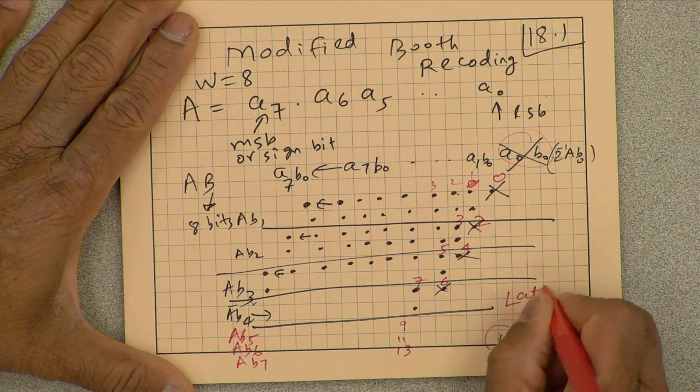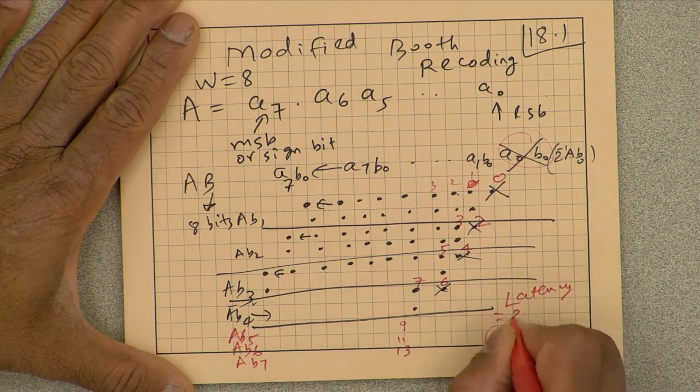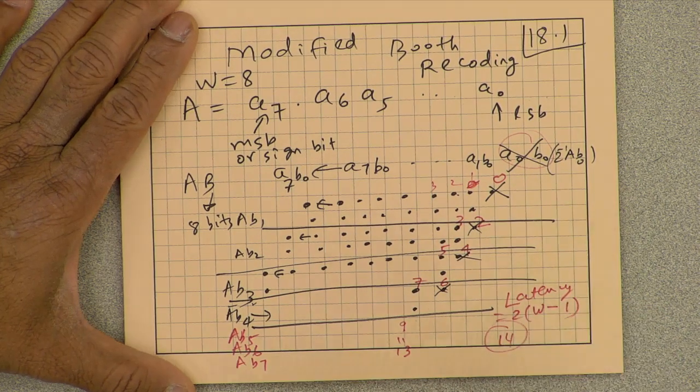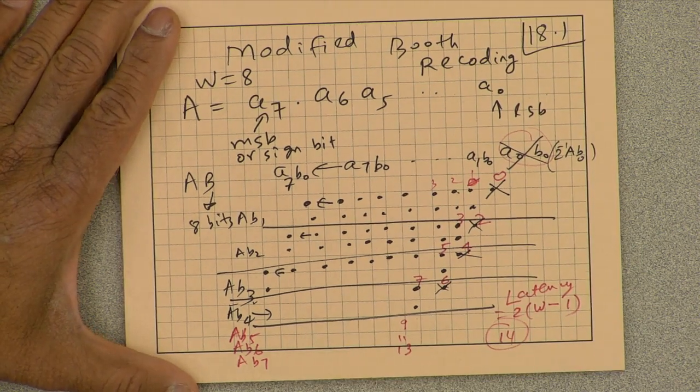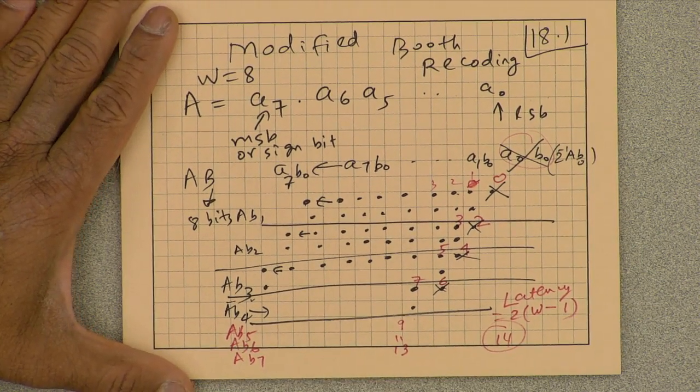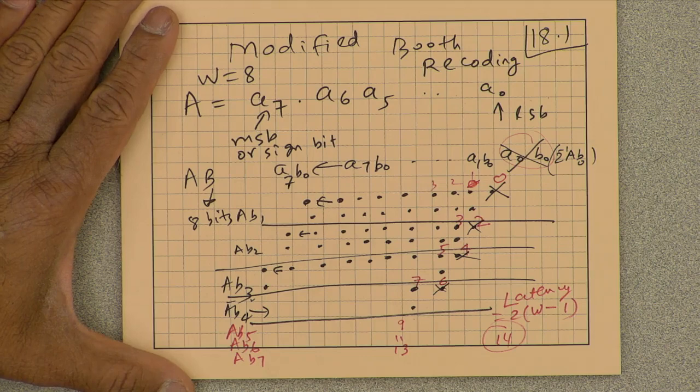The so-called latency, which I talked about before, is 2 times, in this case, W minus 1. In general, it would be W1 plus W2 minus 2, because the word lengths are the same, so that's 2 times W minus 1.